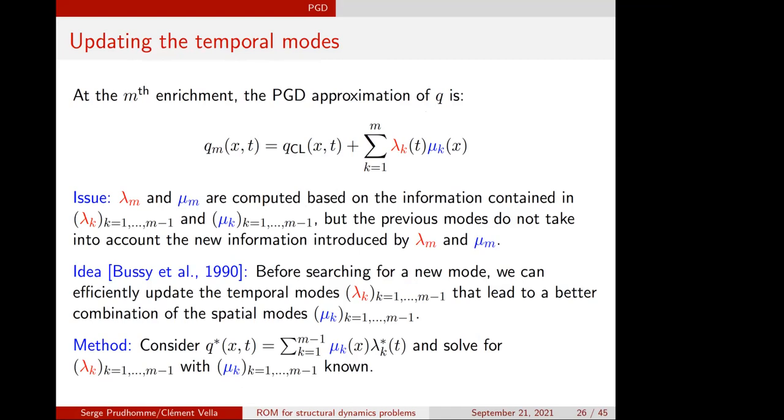So what we do is we compute only globally all the temporal modes, and we don't care about the mu k. In doing that, we do get a better combination of the spatial modes. Okay.